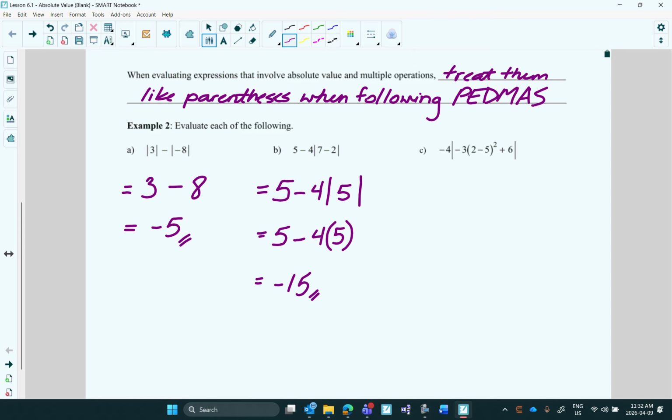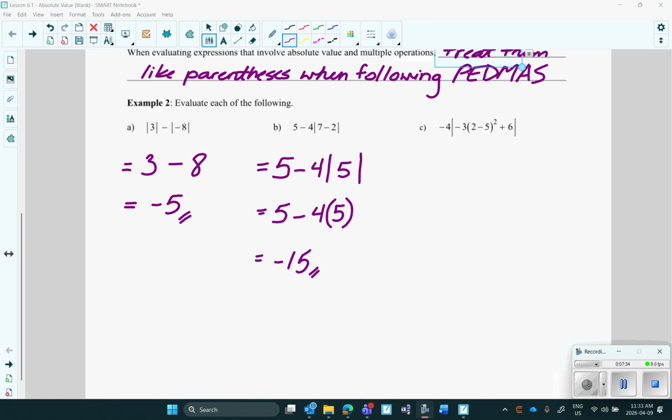See if you can do this one. What do I do first? Sorry?